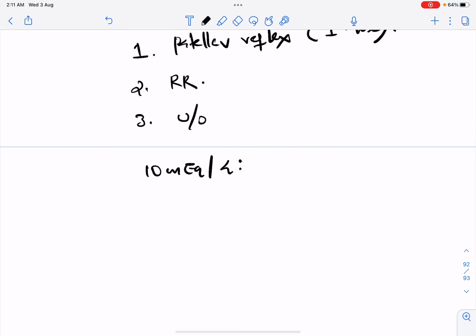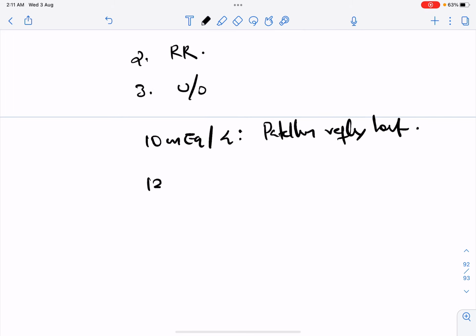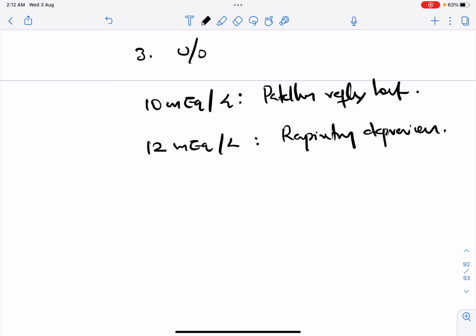At 10 milliequivalents per liter, patellar reflex is lost. At a range of 12 milliequivalent per liter, there will be respiratory depression. So that's all about eclampsia and management of eclampsia.